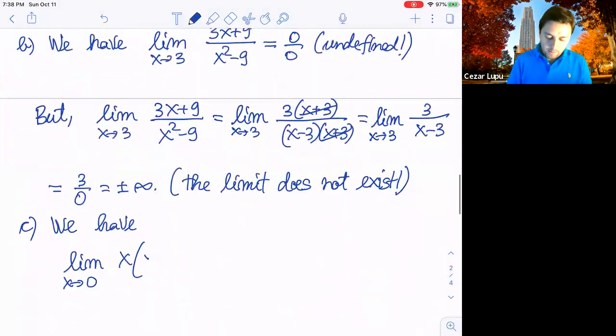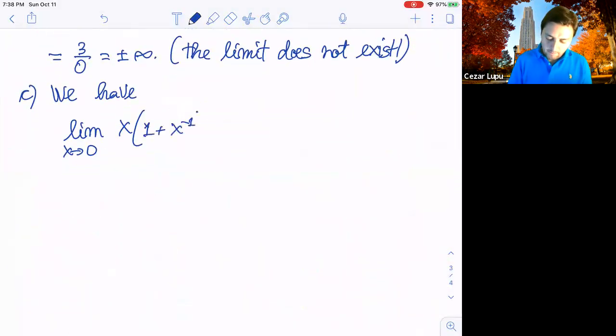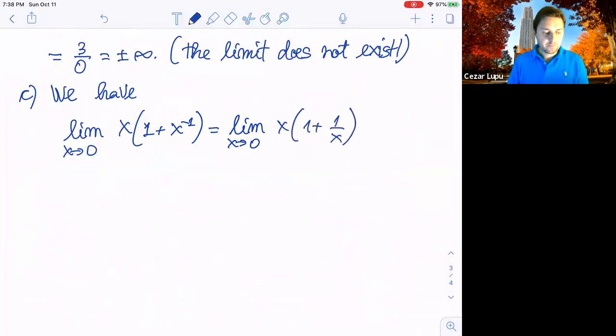So this would be 1 plus x to the -1, and this will be nothing else than just the lim as x approaches 0 of x times 1 plus 1 over x. Well, again, direct substitution doesn't work, right? Because you have 1 over 0, which is not defined. So we need to do something about it.